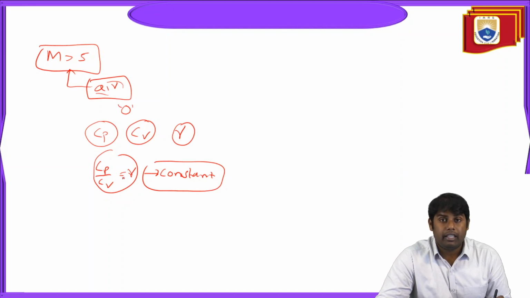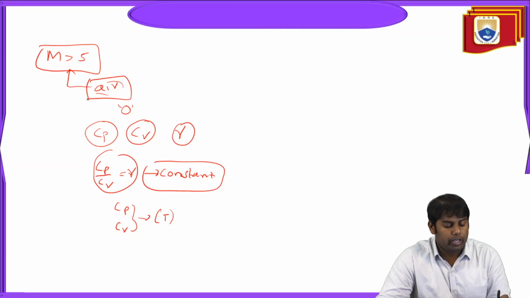When you are increasing the Mach number, when it is reaching supersonic, or let's say hypersonic, the air becomes a thermally perfect gas. So basically the Cp and Cv will depend on the temperature. Okay, they are not at all constant, and gamma also is not constant.